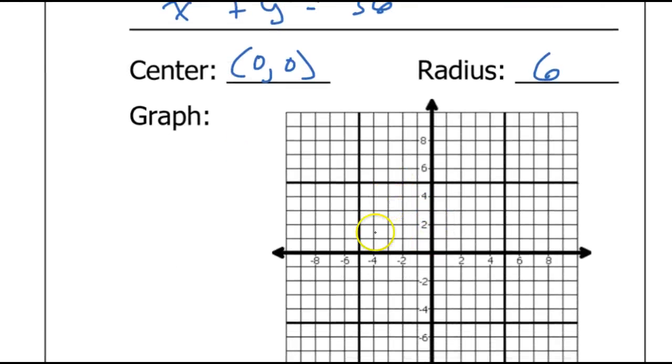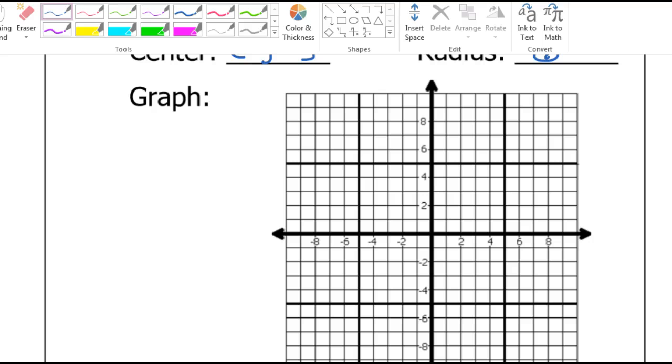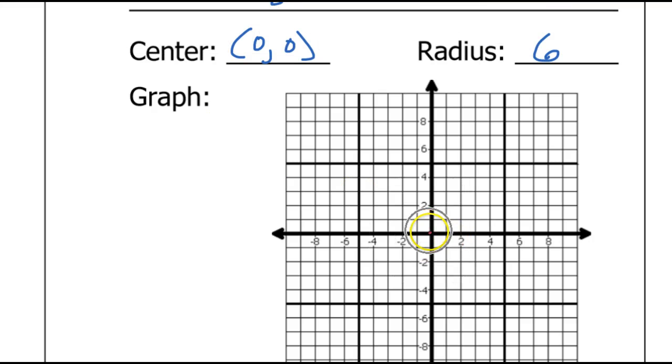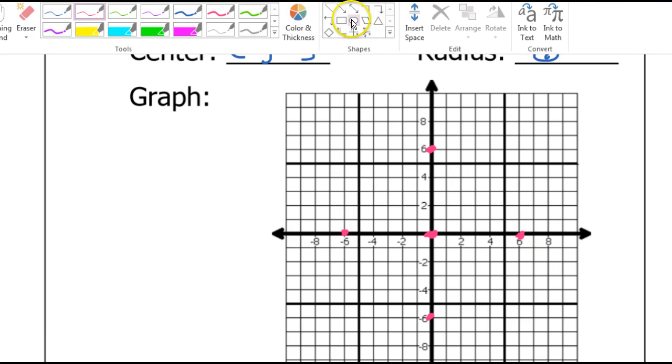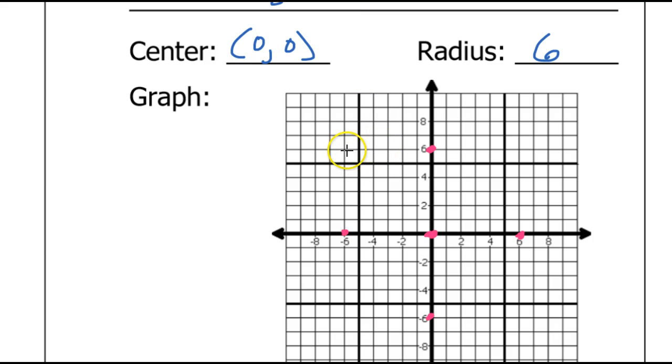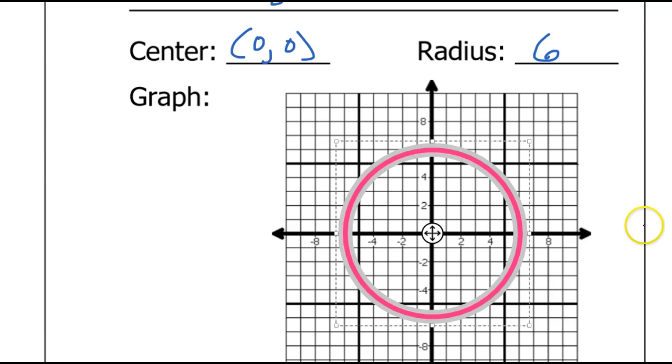Anyway, if the center is 0, 0, and the radius is 6, that means if I go up 6, down 6, left 6, and right 6, that will give me 4 points that are on the circle. And then I can draw this guy just like this. So there you go.